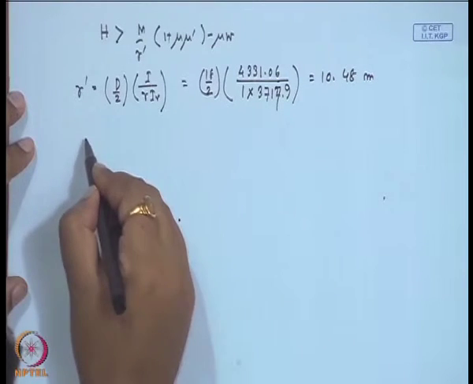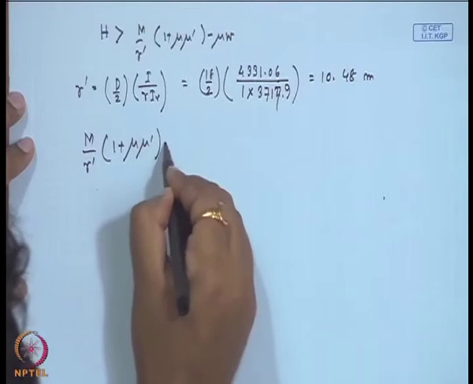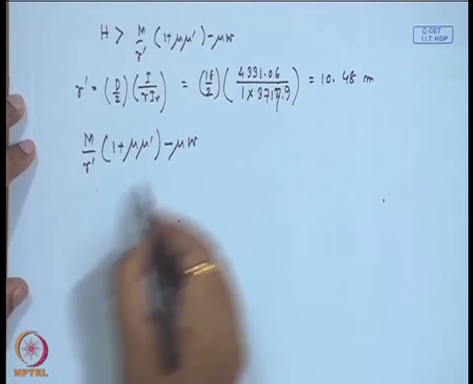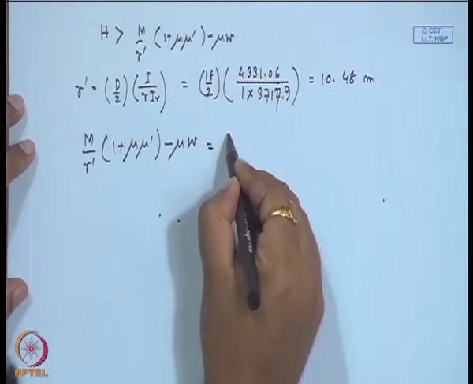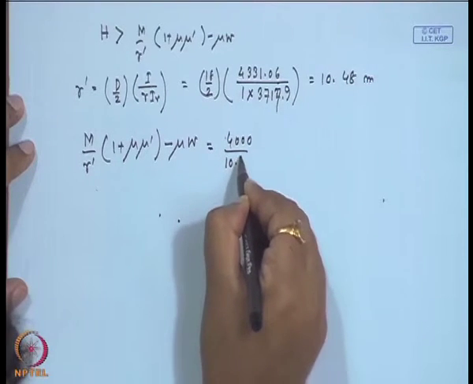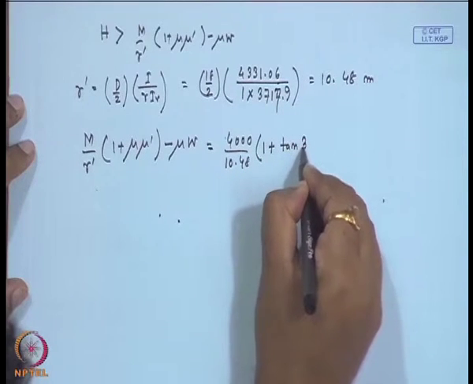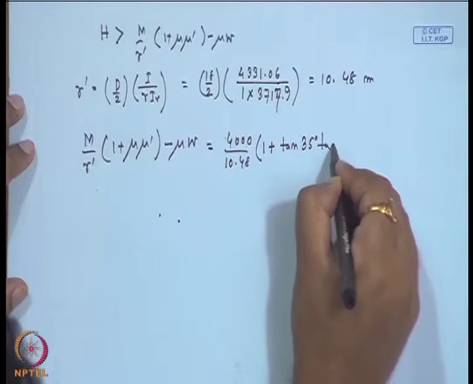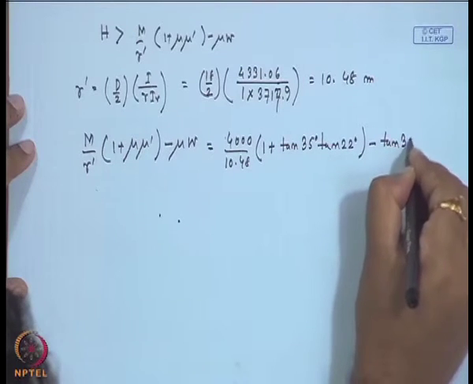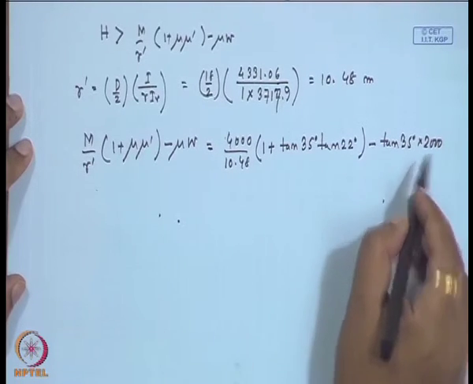Now we calculate m by r dash 1 plus mu dash minus mu w. Here m is given as 4000 ton meter, r dash is 10.48, 1 plus mu we have to take 10.35 degree, mu dash is 22 degree, minus 10.35 degree into 2000 ton, 2000 is the W value.